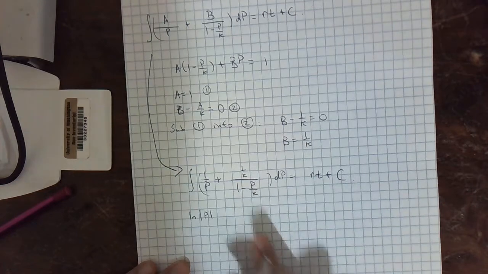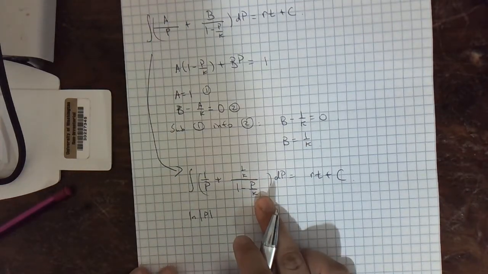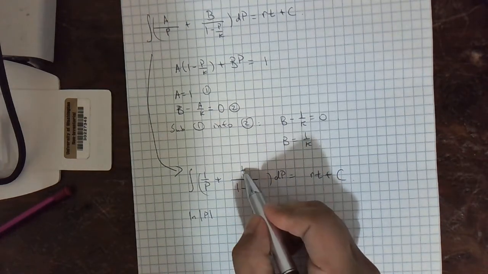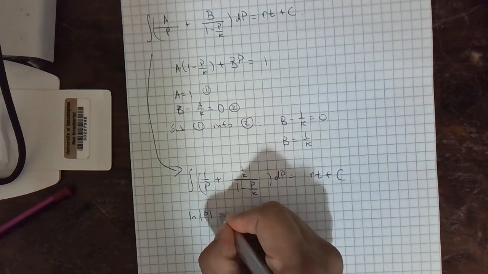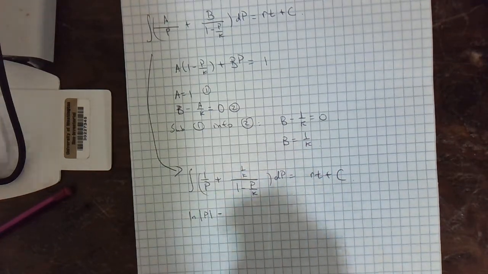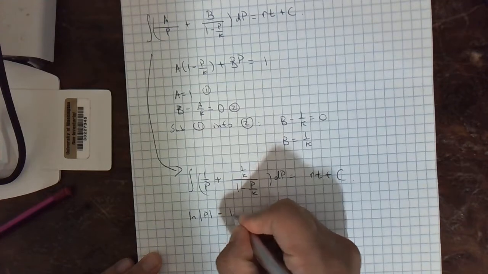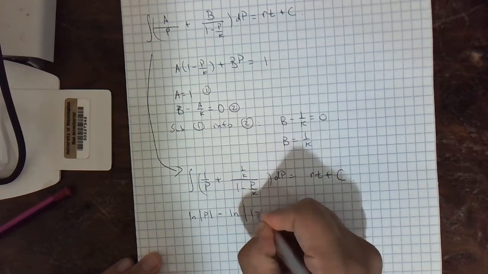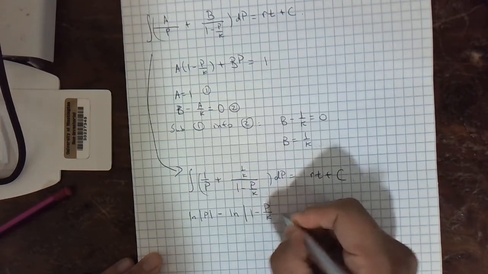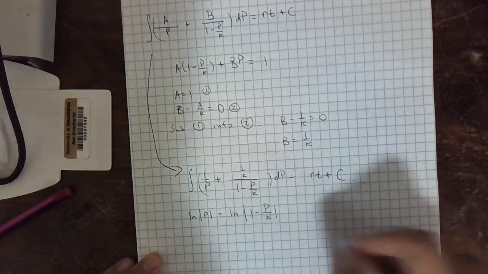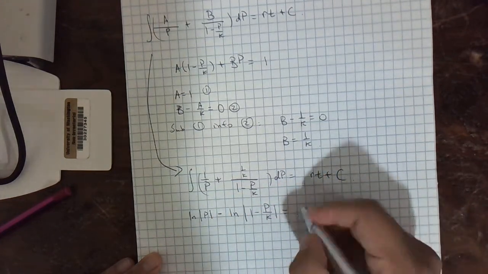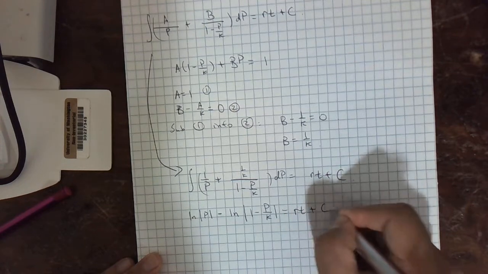So the derivative of 1 minus p over k with respect to p is negative 1 over k. So you can do a u sub or think of it all at once as a chain rule. You end up getting natural log of 1 minus p over k with a negative sign. And then the constants we'll just assume is subsumed into the right side.